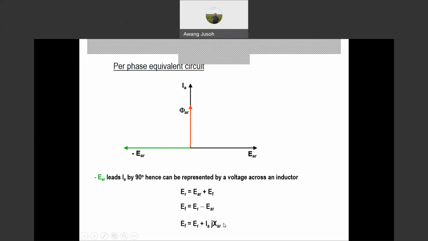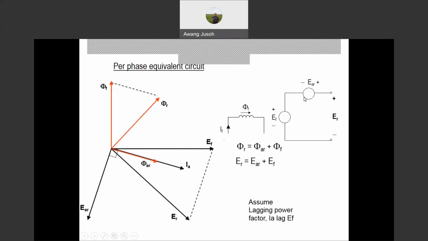Same thing. Then what you've got to do later? When you have this kind of circuit, we can redraw the equivalent circuit. Just now we had this circuit here, represented by a voltage source. This one can be changed to an inductor now, because we know that it's an inductor.